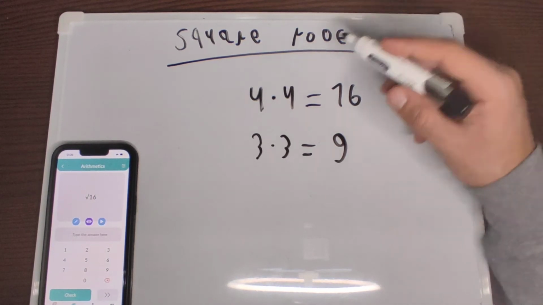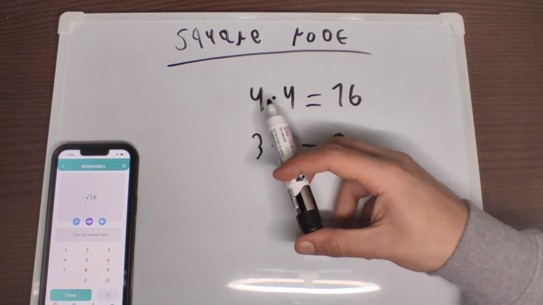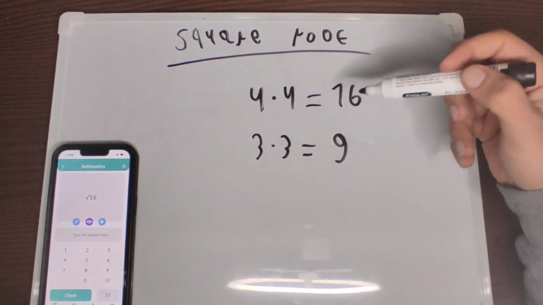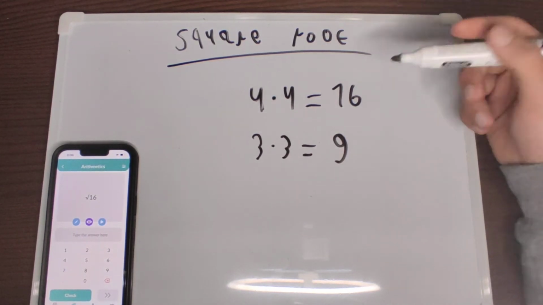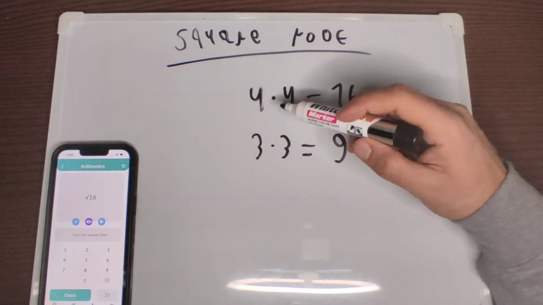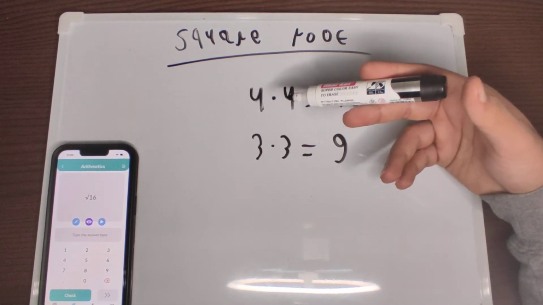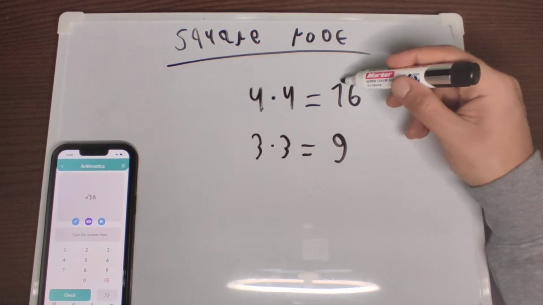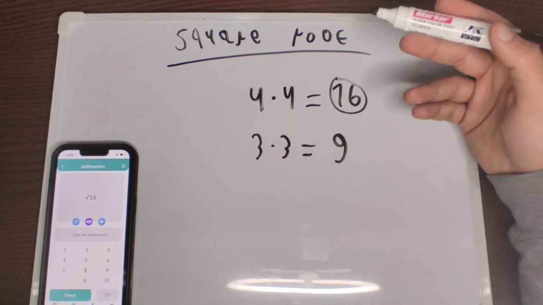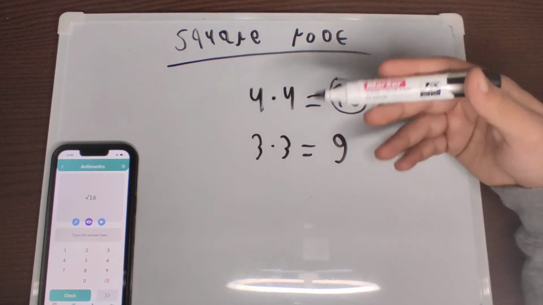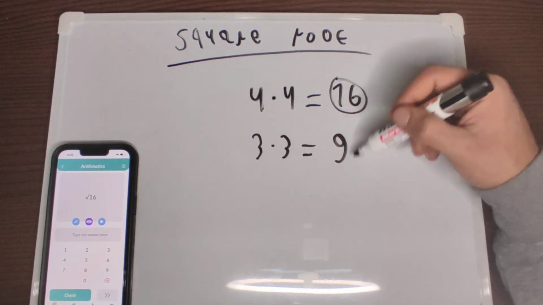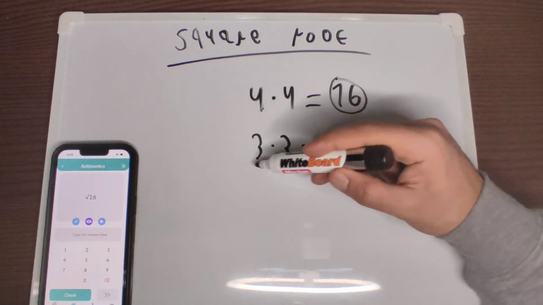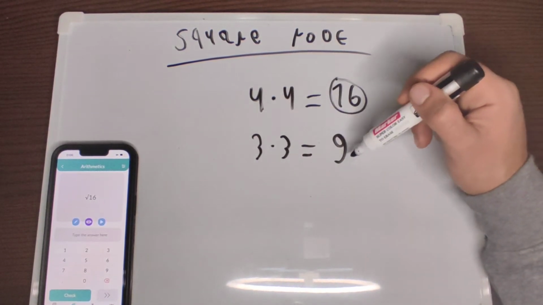Okay, so we can say that 4 times itself results in 16. So if I ask you, what number should you multiply by itself to get the number 16? You would say 4. And if I ask the same question about the number 9, you would say 3, because 3 times itself is 9.